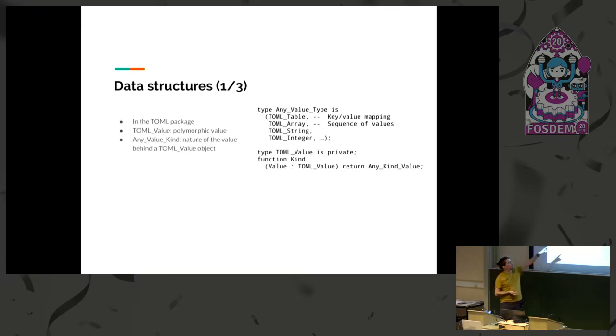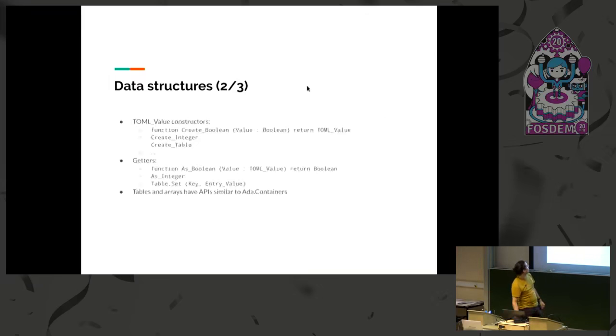And you have this enumerated type that describes what's behind a TOML value. So is it a table, an array, a string, a date, an integer, boolean? Could be anything. And you have this function kind that takes an existing value and returns what is behind this value.